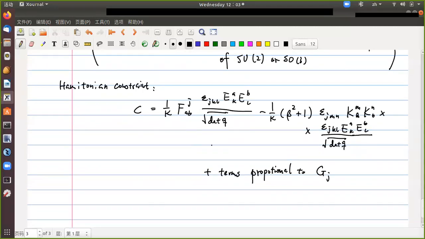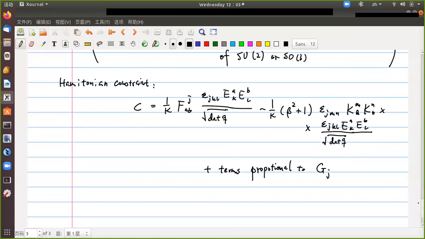So the first two terms are the most important terms, and each term has some special name. The first term is called the Euclidean term in the Hamiltonian constraint.